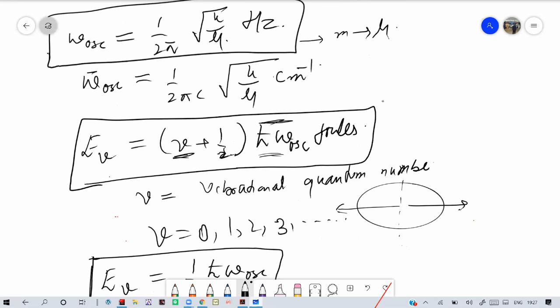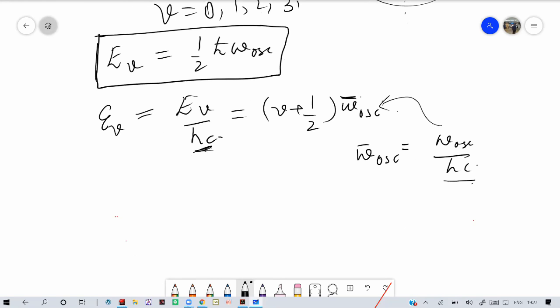And this energy is in joules, so this is not in joules, this is in centimeter inverse, because we are taking the wave number now. Divided by hc, it is wave number. So for nu equal to 0, we will get E0, which is 1 by 2 omega oscillation.